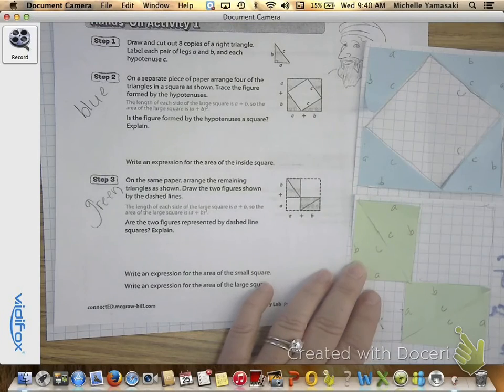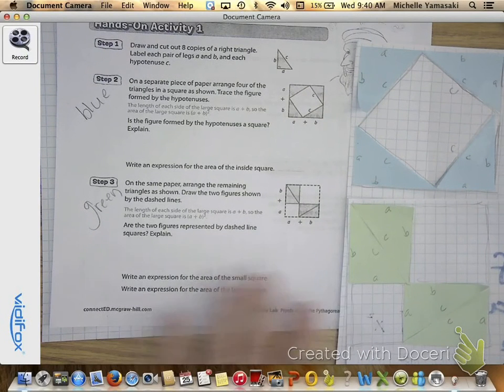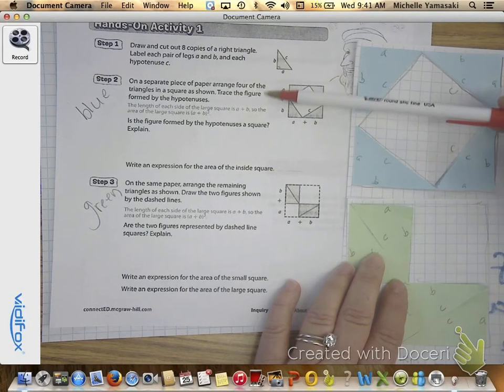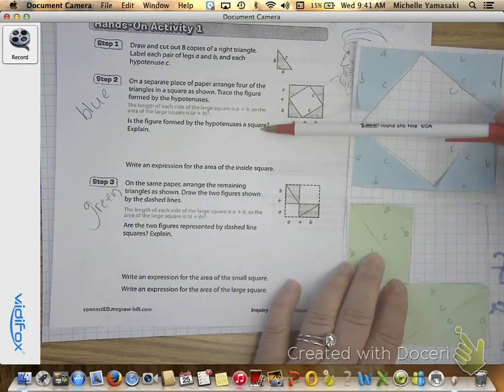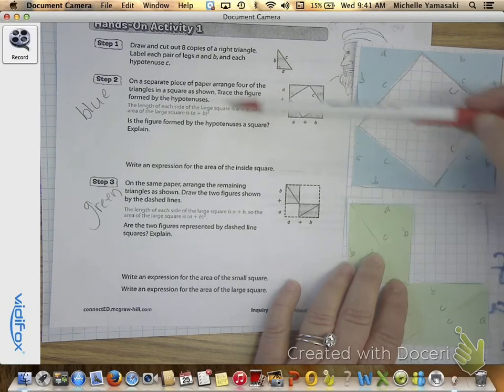All right, so now, if you go back to your worksheet, the next thing that I want you to do is, those of you that have the blue Post-it, I want you to go through and answer the questions right here for step 2.